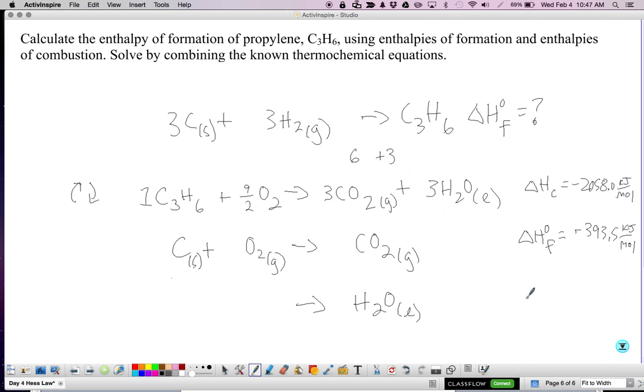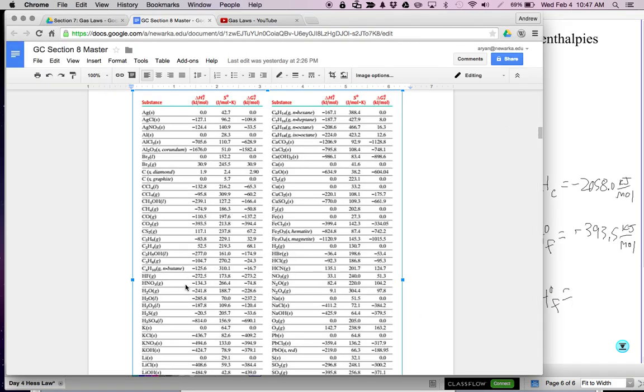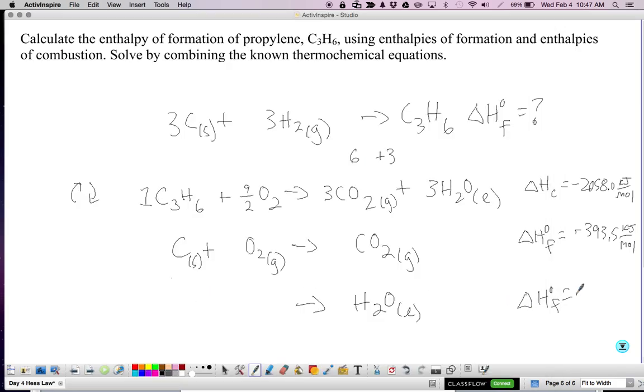So the enthalpy of formation of liquid water is negative 285.8 kilojoules per mole. And this comes from hydrogen plus 1/2 oxygen. This is gas, this is a gas.